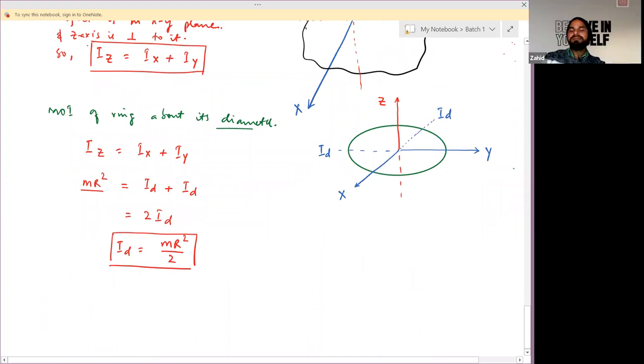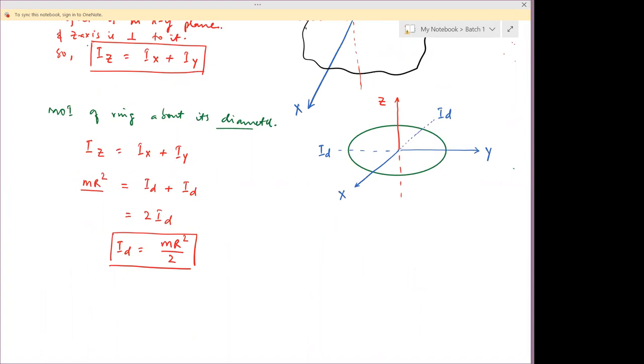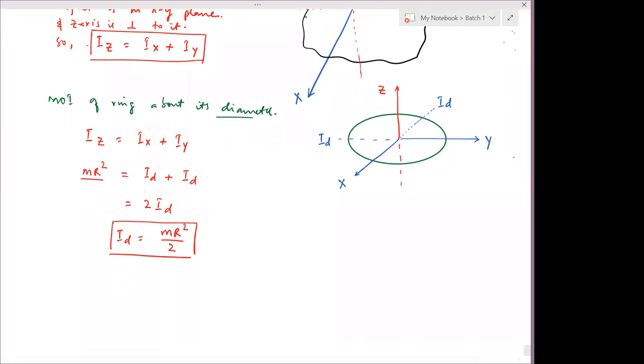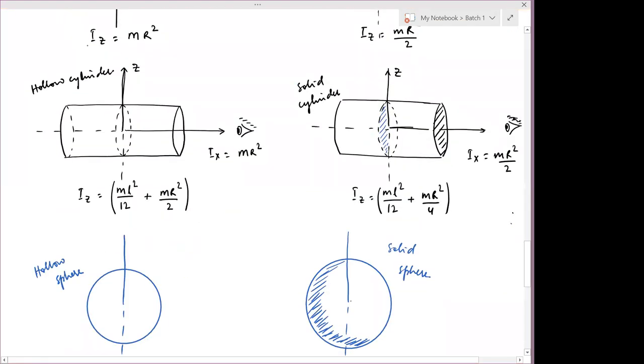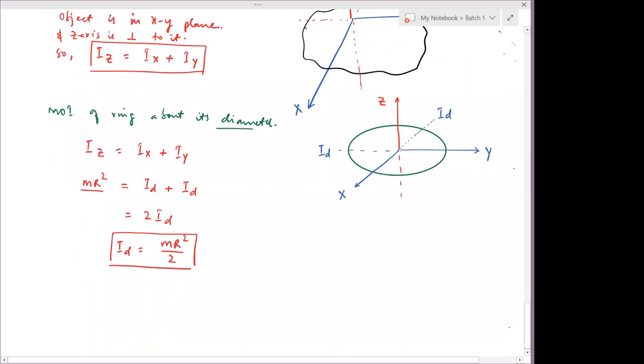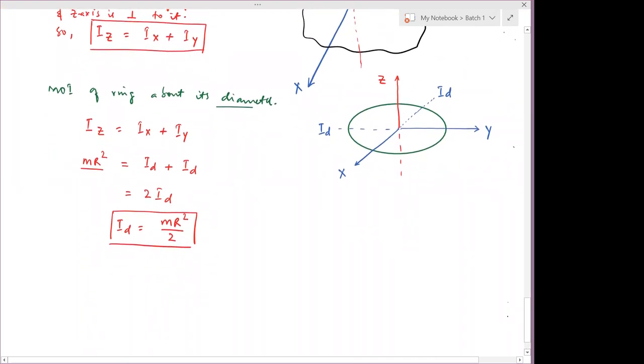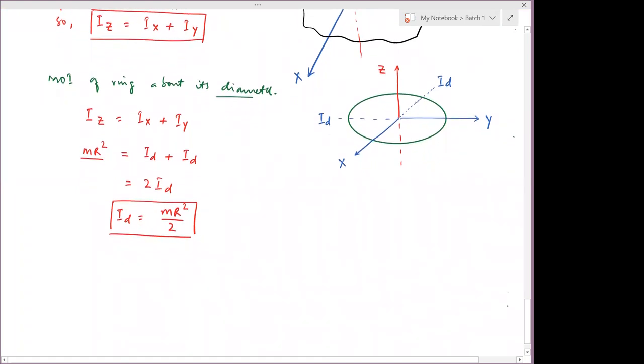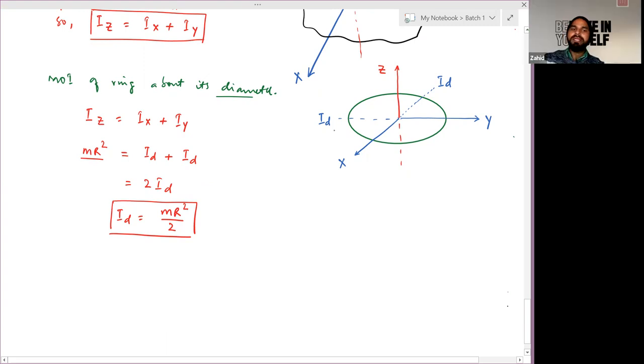Khalid, any confusion? No, sir. Sir, what is ID, by the way? Again, moment of inertia about its diameter.